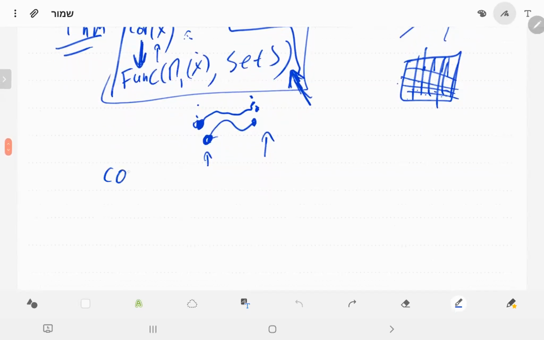So if we have U inside X, an open set, we have a functor from coverings of X to coverings of U, just restriction.